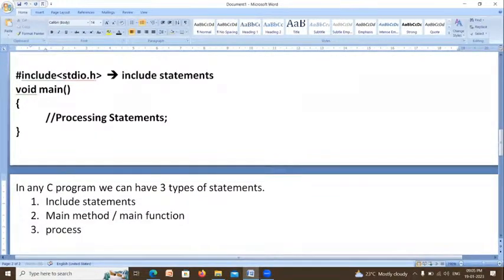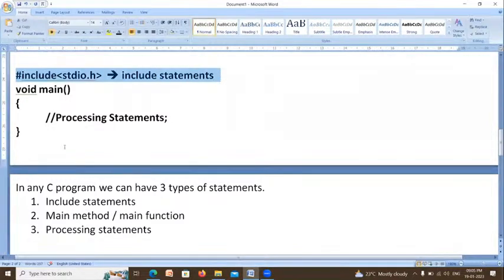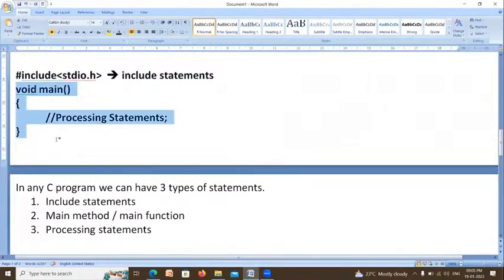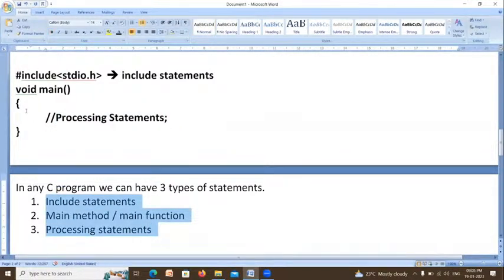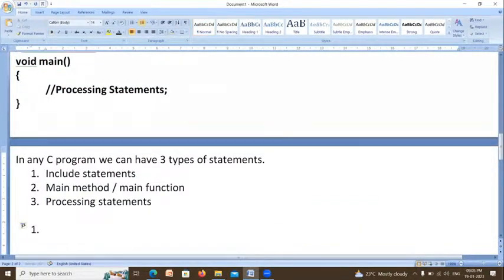Third one is processing statements. This line is called the include statement, this is the main method, and this is the processing statements. In any C program, you can have these three types of statements. Now, what is an include statement? What does include statement mean?